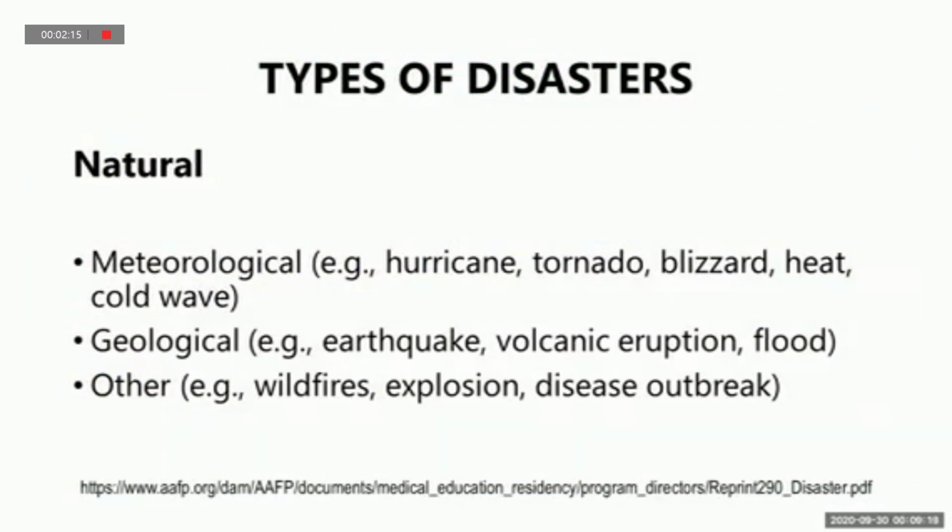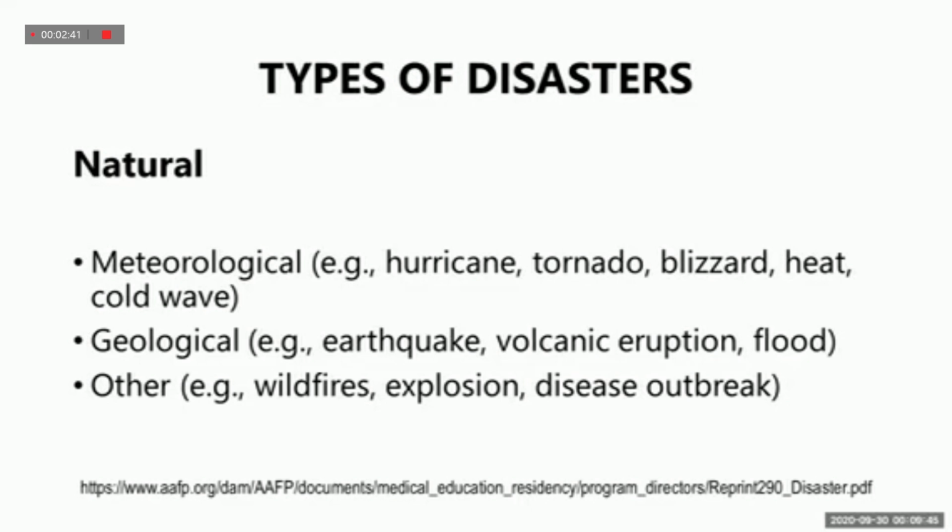So we go first with the types of disasters. One would be natural disasters. They may include the following: meteorological, for example, the occurrence of hurricanes, tornado, blizzard, heat and cold wave. But for the Philippines, it's mostly monsoon and typhoons.